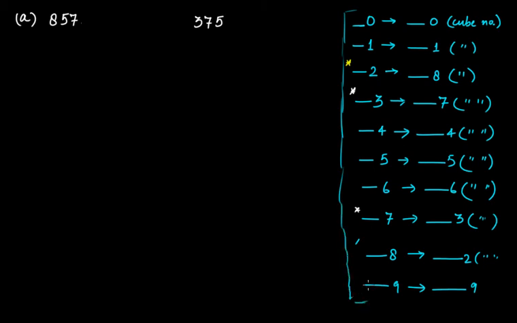Now, why is this important? Because these 3 digits will give you the units place of the cube root, and these 3 digits will give you the tens place of the cube root.